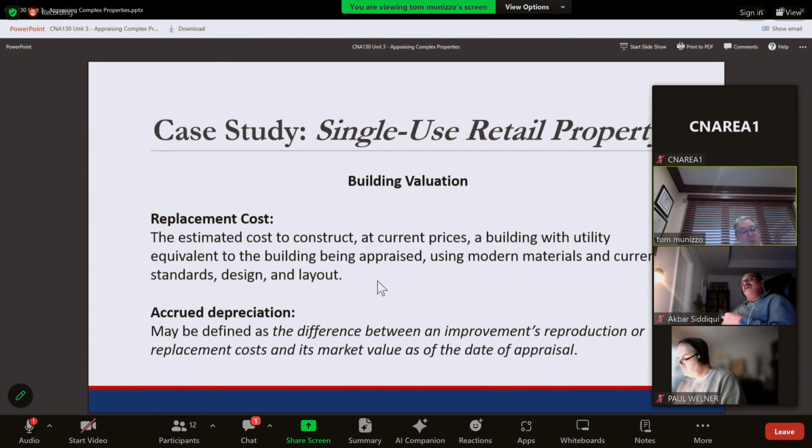And accrued depreciation is the sum of all causes of depreciation: physical, functional, and external. They say it's the difference between an improvement's reproduction or replacement cost and its market value. That essentially is the same thing, but saying it a different way.